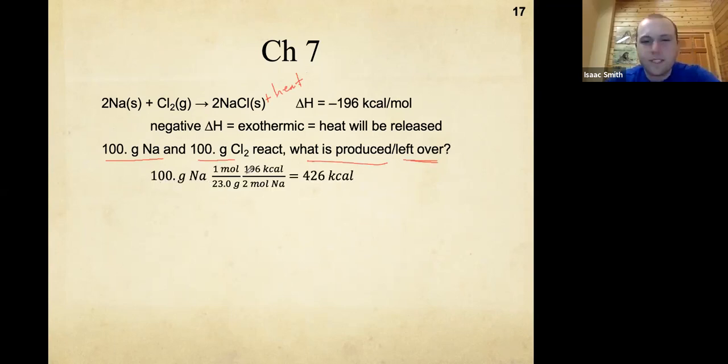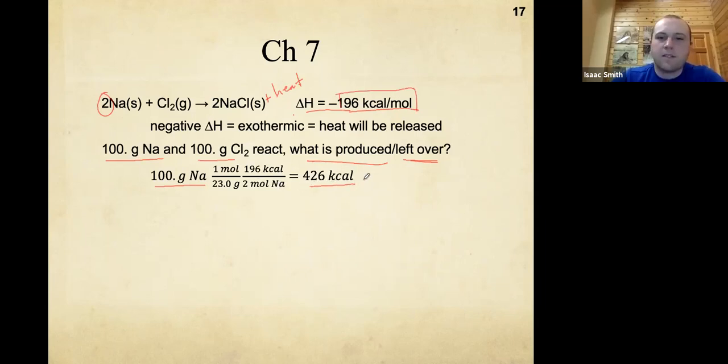Okay. So using 100 grams of sodium, we can convert from grams of sodium to moles of sodium. And then remember, we can go from moles of sodium over to energy, just using delta H, right? This tells us how many kcal. So we can say that 2 moles produces 196 kcals of energy.